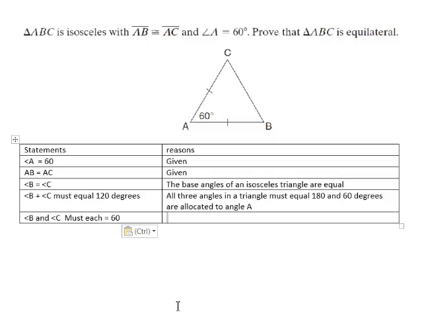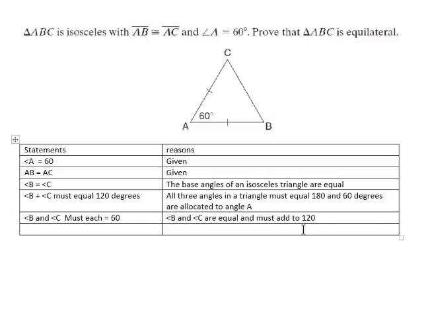Okay, because angle B and angle C are equal and must add up to 120. That's fairly obvious. And I'll say that angle A equals angle B equals angle C, and I'll say the way we know that is because all three equal 60 degrees.